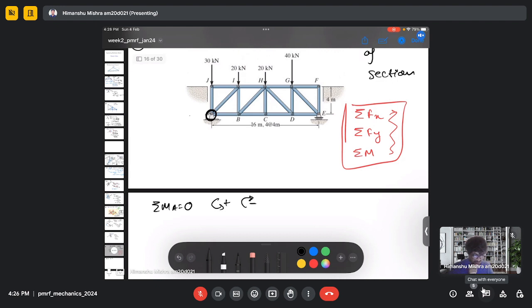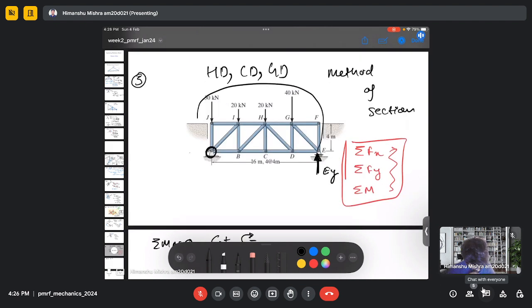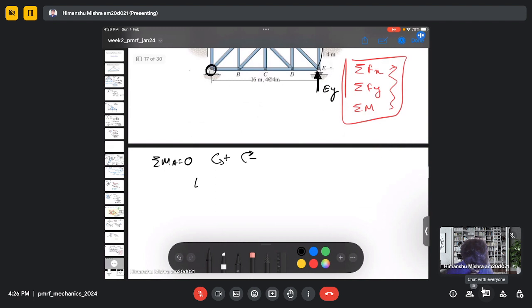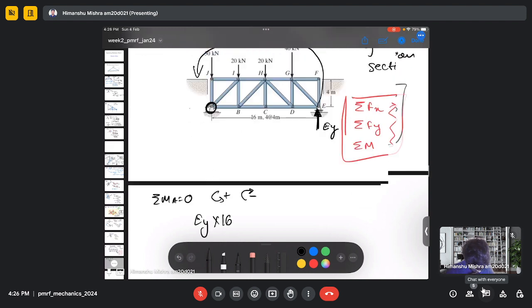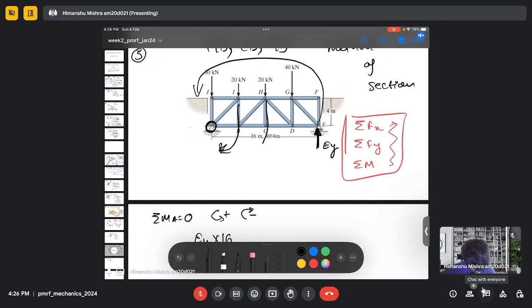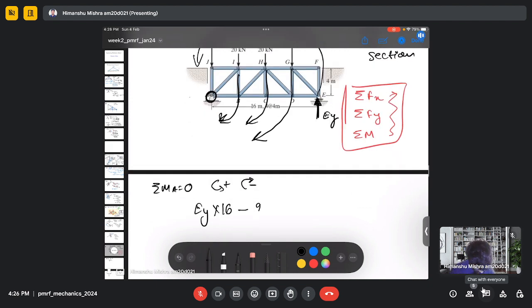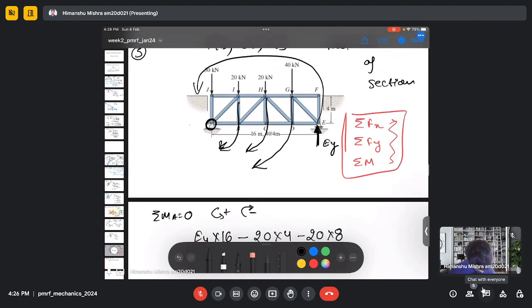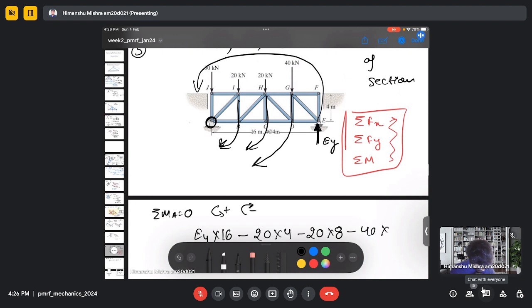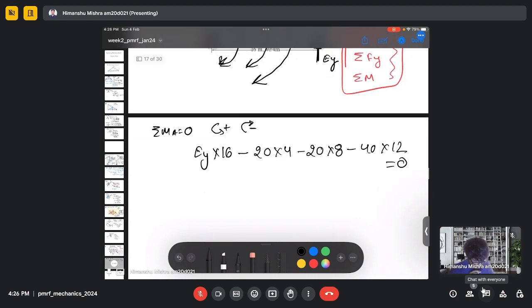If I take the moment at A, then this is my EY, and it has a moment in the counterclockwise direction about point A. So it will be EY multiplied by 16, and these are all clockwise moments about point A, so all of these will be negative: minus 20 multiplied by 4, minus 20 multiplied by 8, minus 40 multiplied by 12, equal to 0.